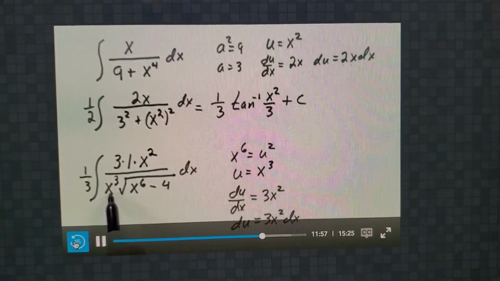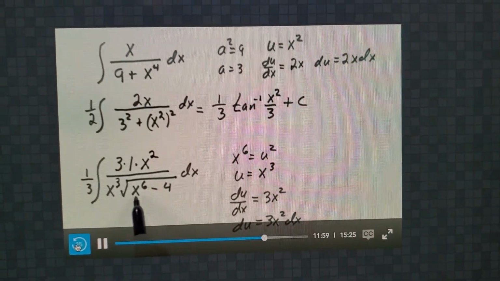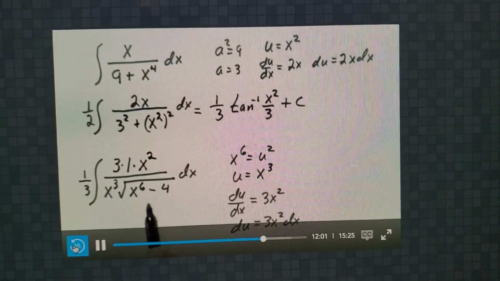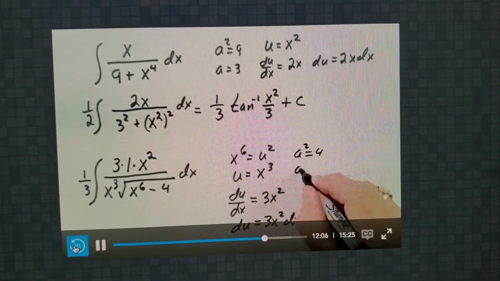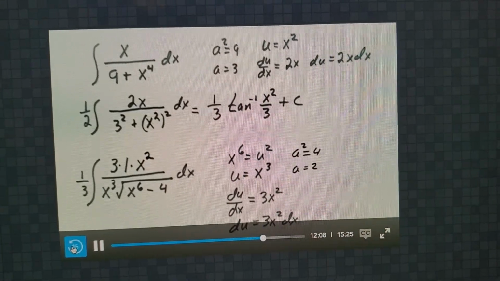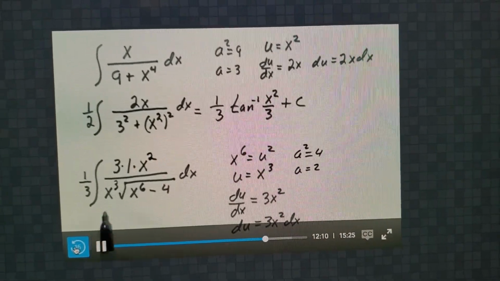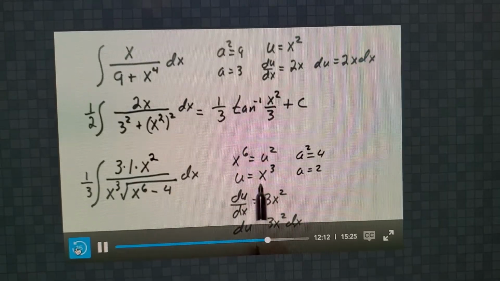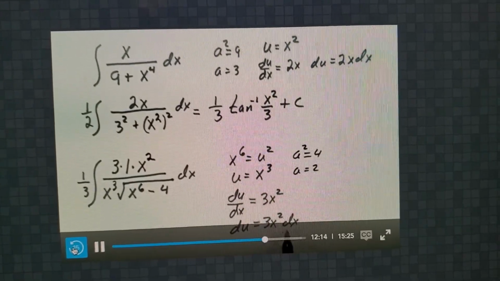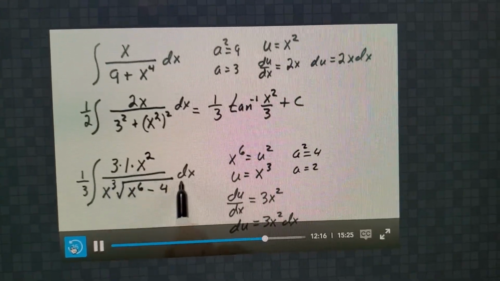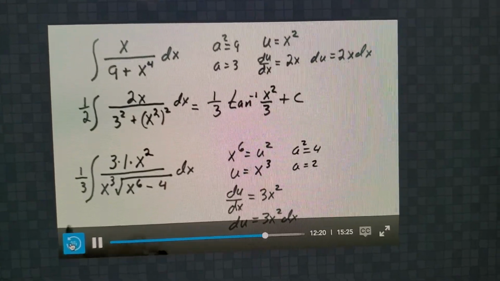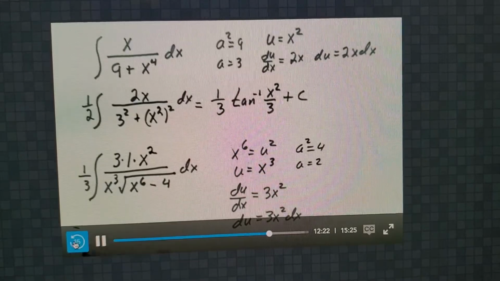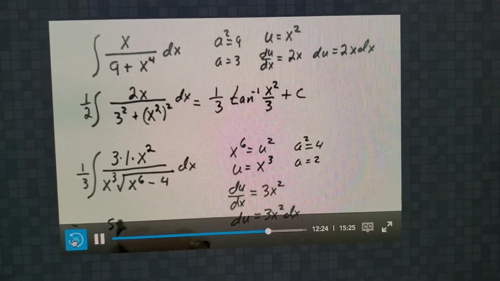Here is u. Here is u squared minus a squared. Evidently, a squared is 4, so a is 2. And if u is x cubed, du is 3x squared dx. It's fitting our formula exactly. So it's an inverse secant.